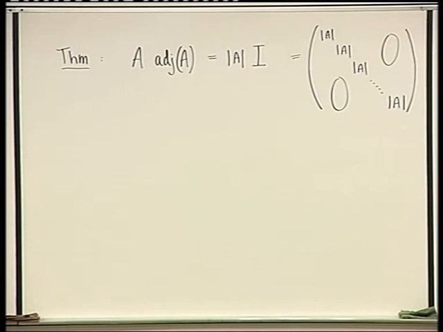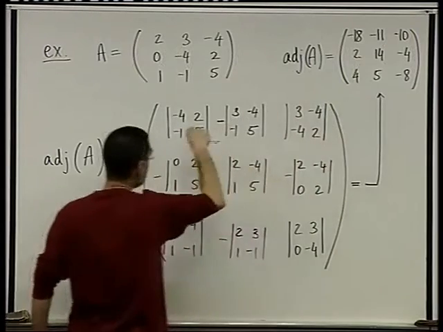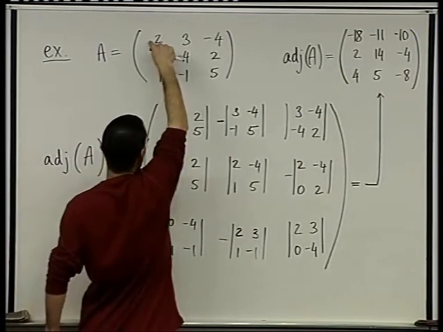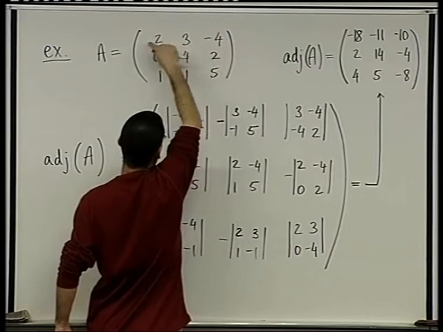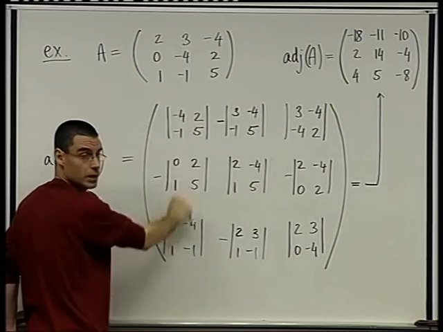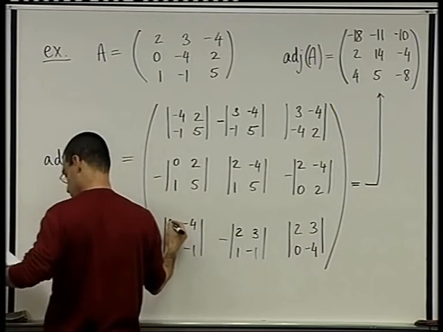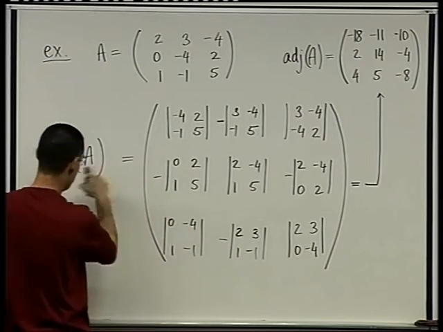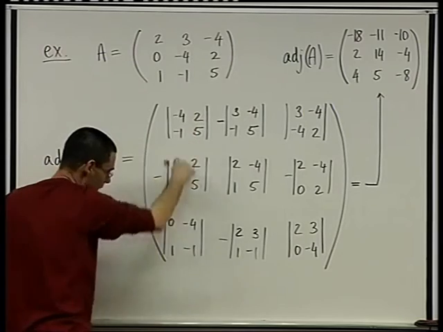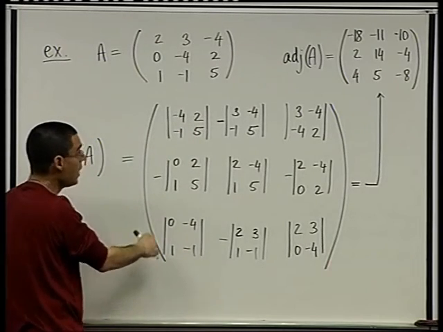So if we multiply these two, okay, what would be the 1, 1 entry? The 1, 1 entry is the first row of A times the first column of B, where B here is adj A, right? So it's the first row here times the first column here. That's the 1, 1 entry of the product. So what do you have?